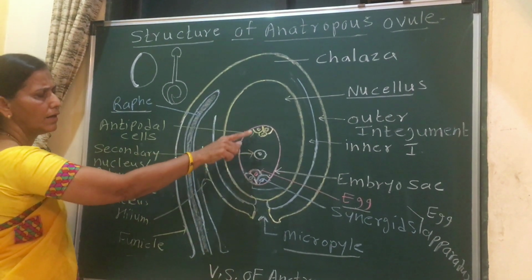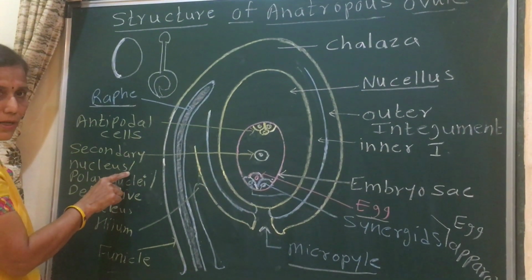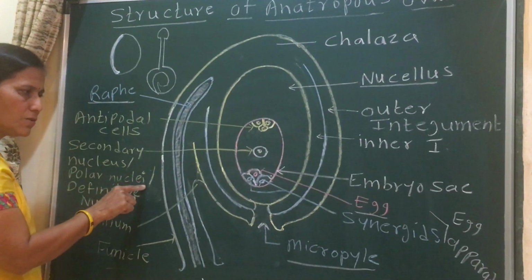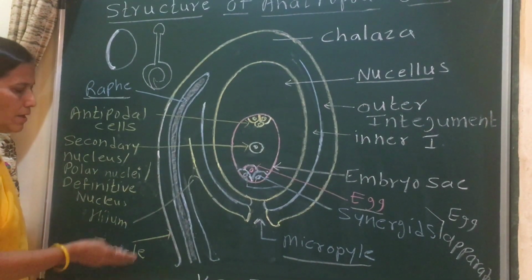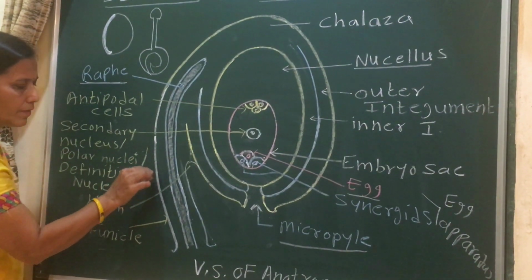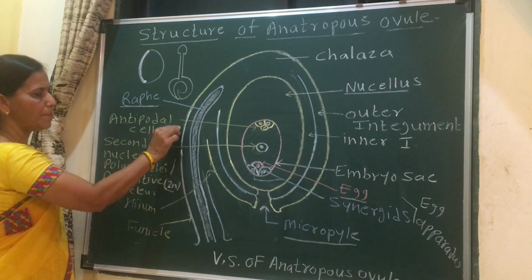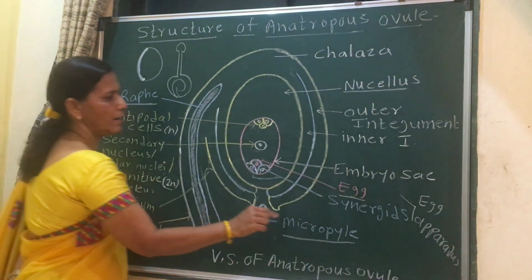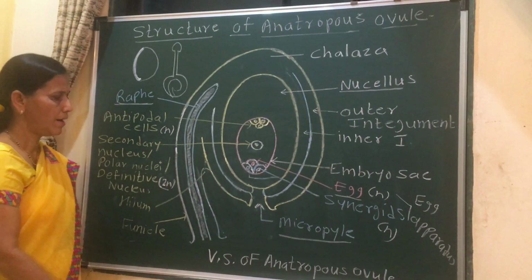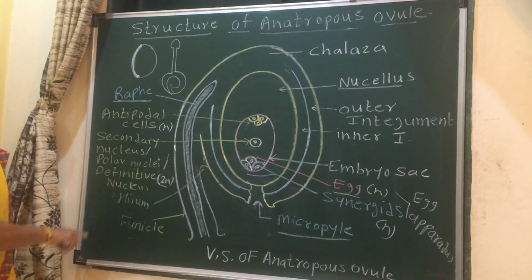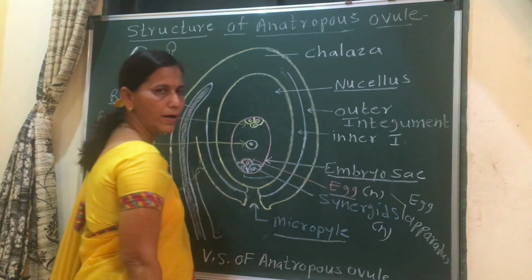And towards the middle, there is the secondary nucleus, also called as polar nuclei, or definitive nucleus, which is diploid. While the remaining are haploid. Antipodal cells are haploid. The egg is haploid. Synergids are also haploid. Except the secondary nucleus, all cells in the embryo sac are haploid.